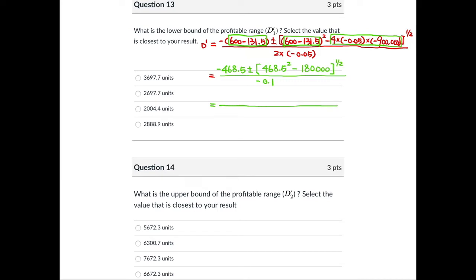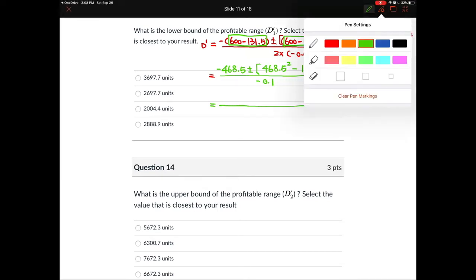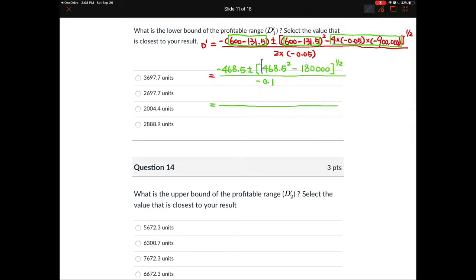And then we calculate this. Still copy this, leave it there, and then calculate what is the 468.5 to the power of 2. That's going to be 219492.25 minus 180,000 to the power of a half.